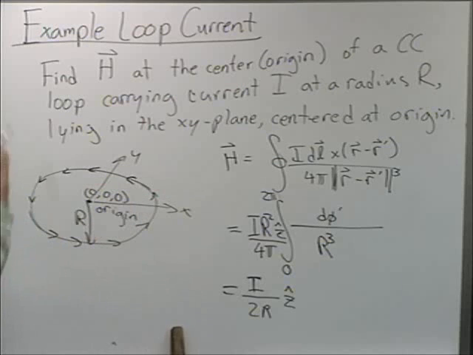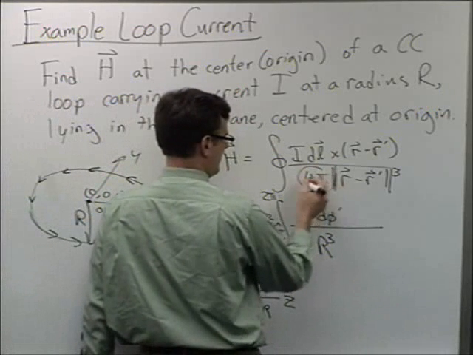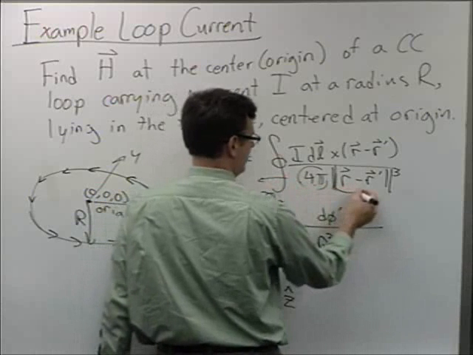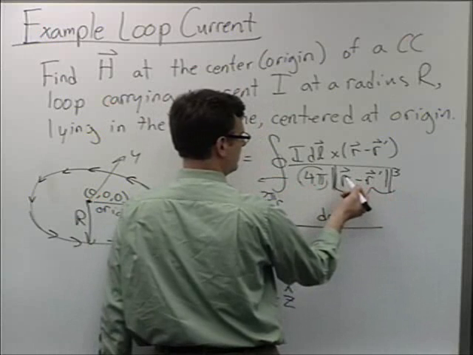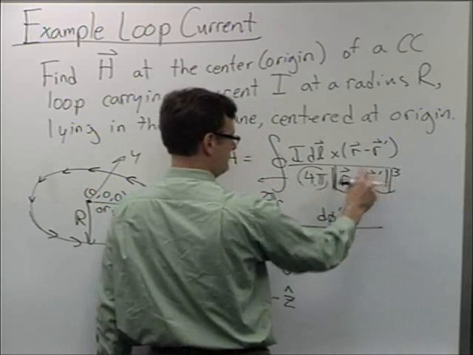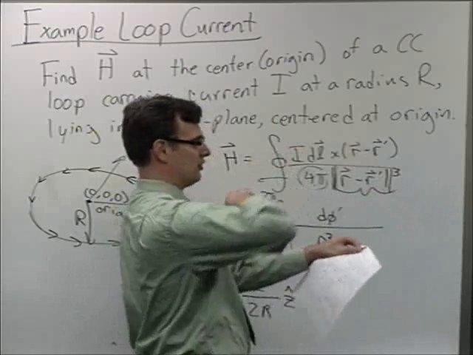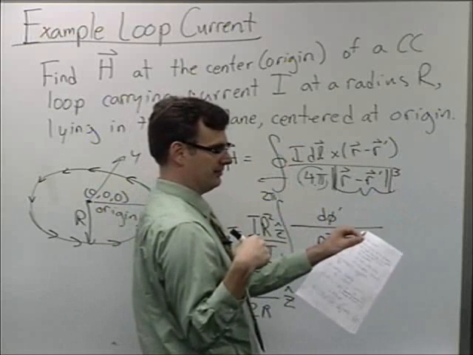Yeah, Cameron. I'm confused how you have the radius cubed in the denominator. Oh, okay. So the radius cubed, we took this part of the denominator and moved that out. What's left is just the distance between the point of observation, which is at the origin, and the variable of integration, which is sliding around the circle, but is always a radius r away from the origin.